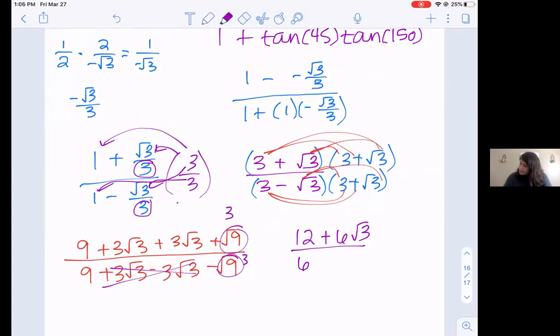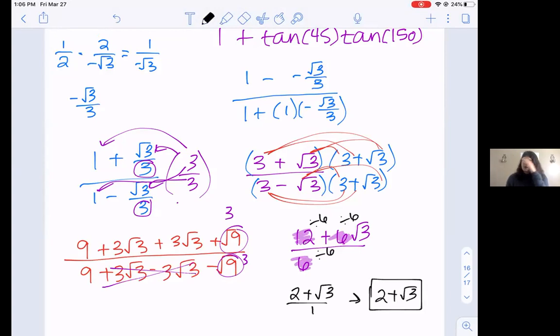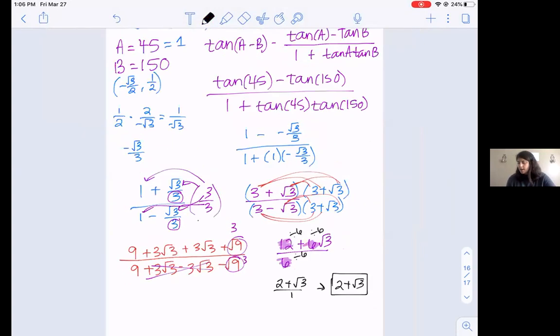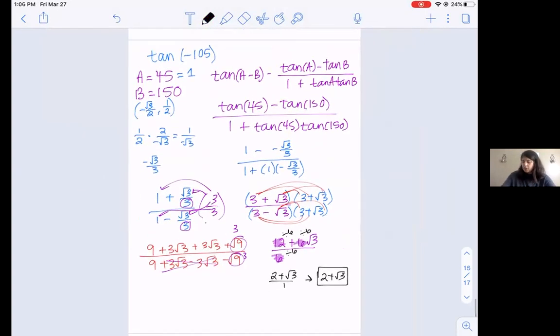Remember, if you can divide all three of these terms by the same thing, go ahead and do that. I can divide each of them by 6. So this is 2 plus radical 3 over 1, which is just 2 plus radical 3. That makes sense because negative 105 degrees is in quadrant 3, since you're rotating clockwise around the circle, and tangent is positive in quadrant 3.